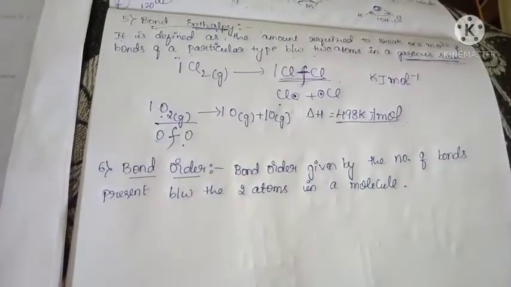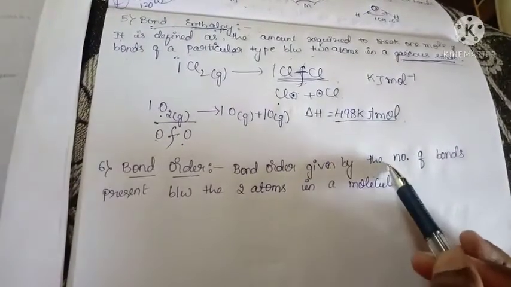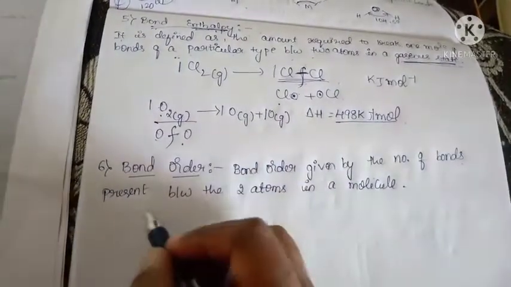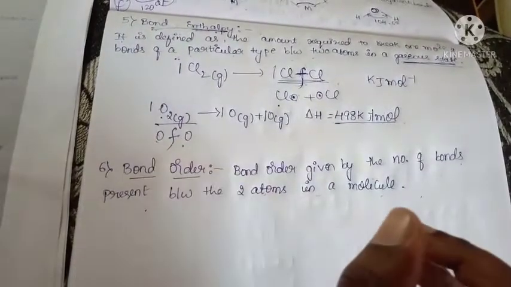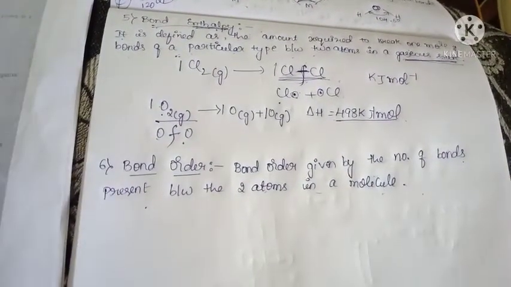Okay, bond order is the number of bonds present between the two atoms in a molecule. We have to calculate it between two atoms only.